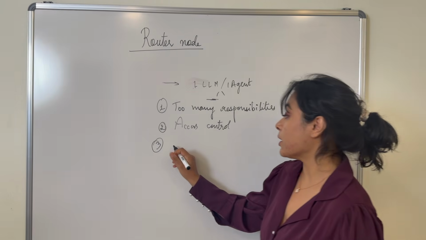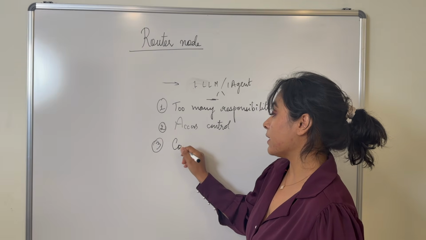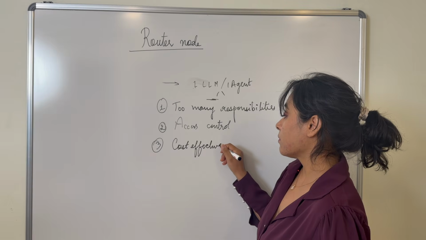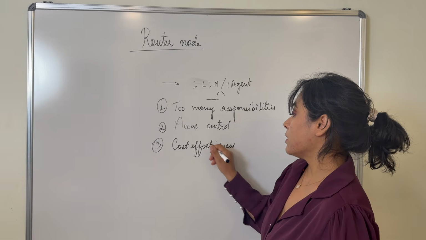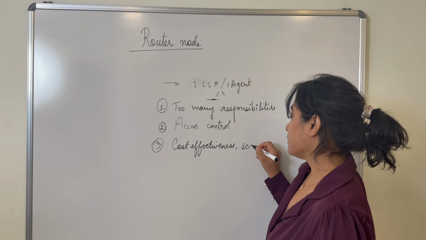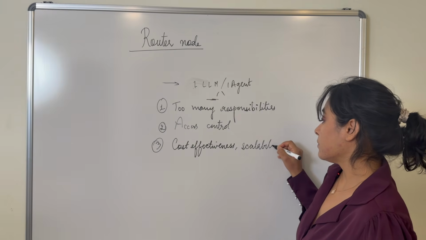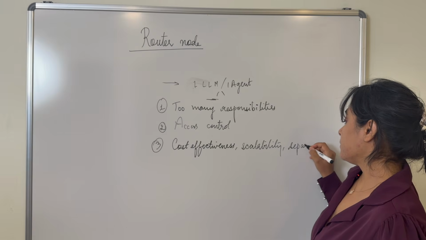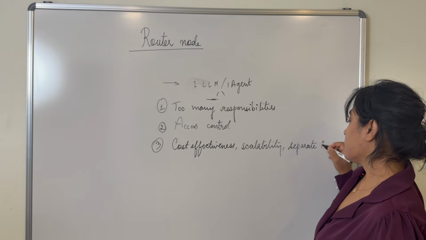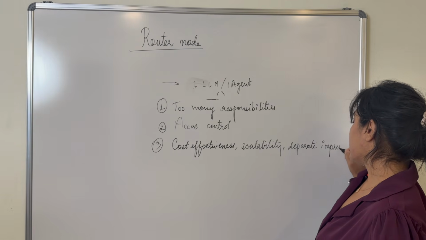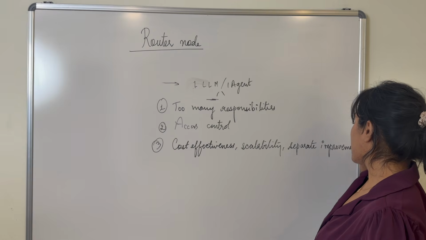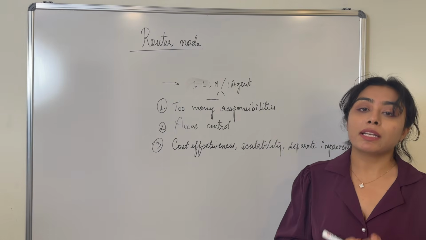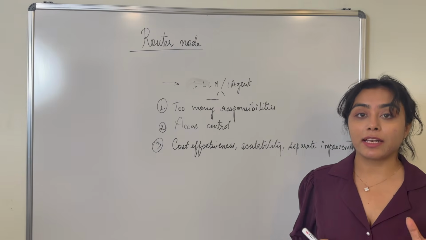So that's the third part, which is cost effectiveness, scalability, separate improvements. So for this reason, you might consider using multiple agents instead of a single agent.